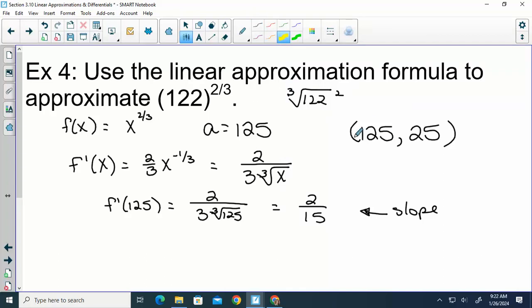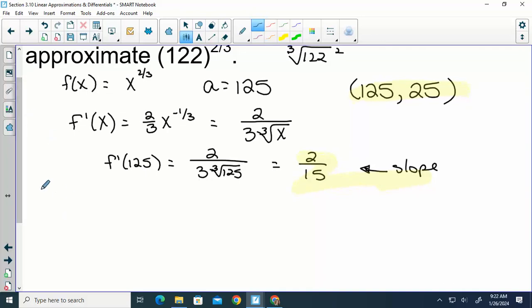So we have our point and slope. So we need our equation. So we plug in the y equals mx plus b. Alright, probably not going to be beautiful. We can work this out.